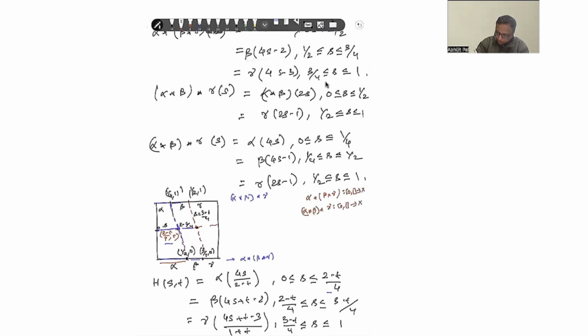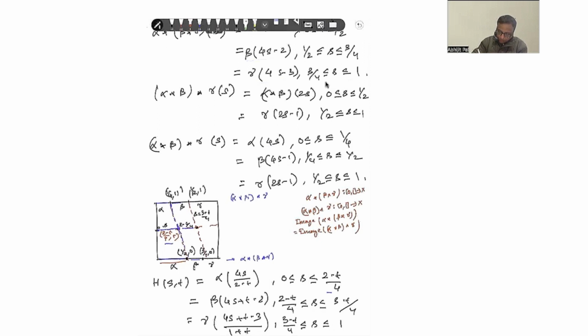So these are continuous maps. The image of these two maps is the same, so the only difference is in the parameterization. Now these two parameterizations are path homotopic to each other.